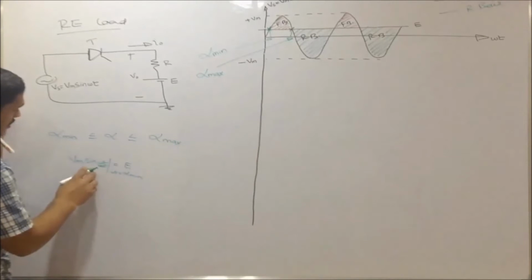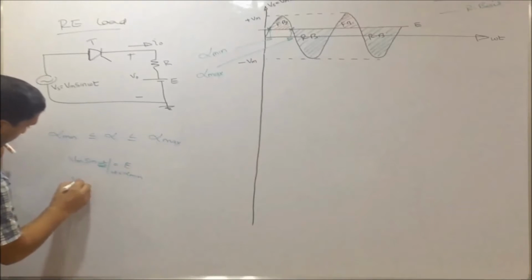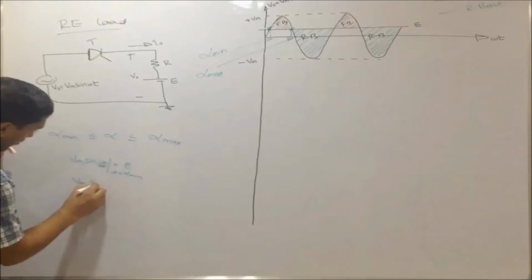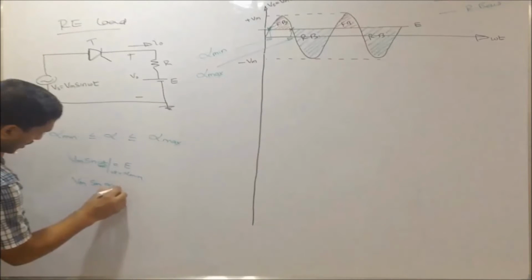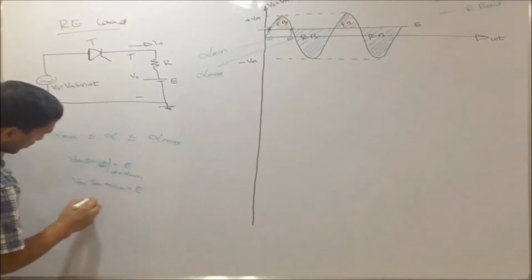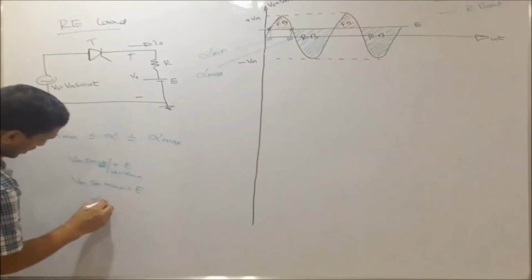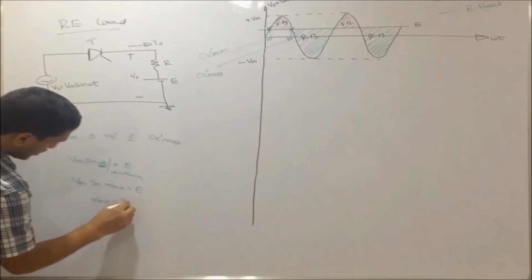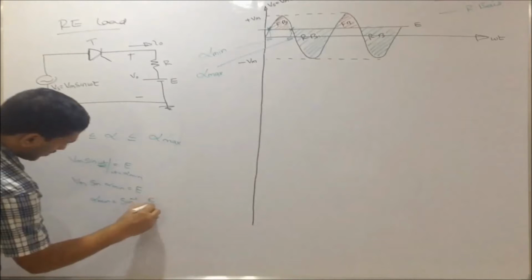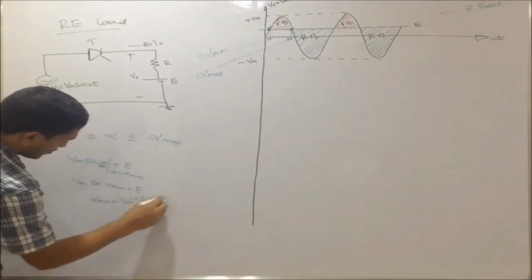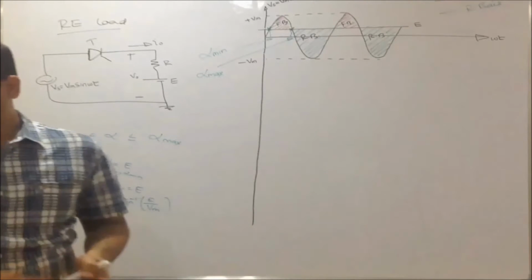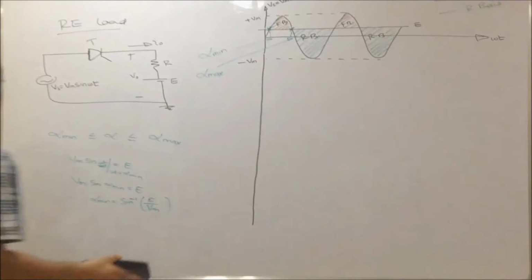So this becomes Vm sin alpha minimum equal to E. So alpha minimum equals sin inverse E by Vm. This is the expression.